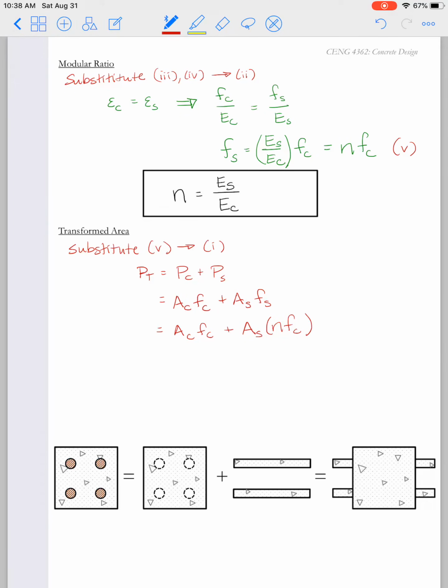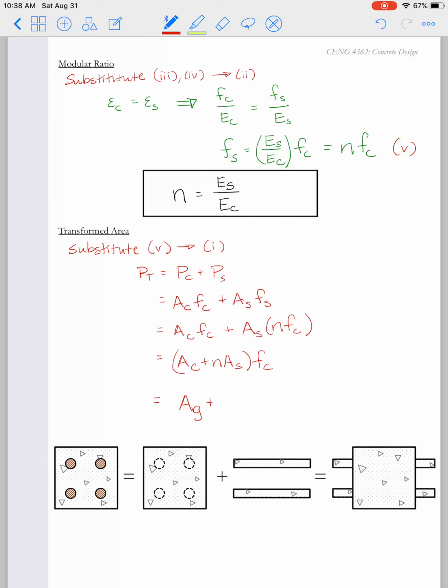All right, regrouping this, we can group the areas together. So now I have the area of the concrete plus N times the area of the steel, all times the stress in the concrete, and this would give me the total force in the concrete section. Then if you recall back to the very beginning when we talked about the transformed area, we said that we often use the gross area instead, so the length times the width of the column.